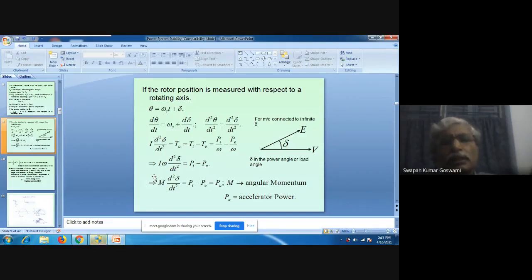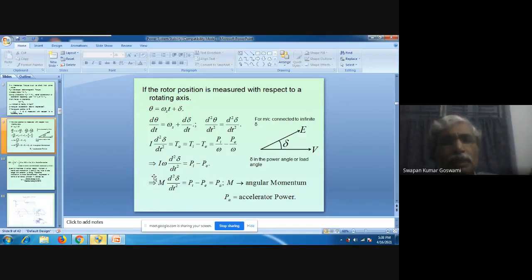So a difference now appears between the input power to the generator and the output power from the generator. Now we shall have to see how this difference in power is changing its speed, and whether this change in power will be sufficient to cause the generator to become unstable.